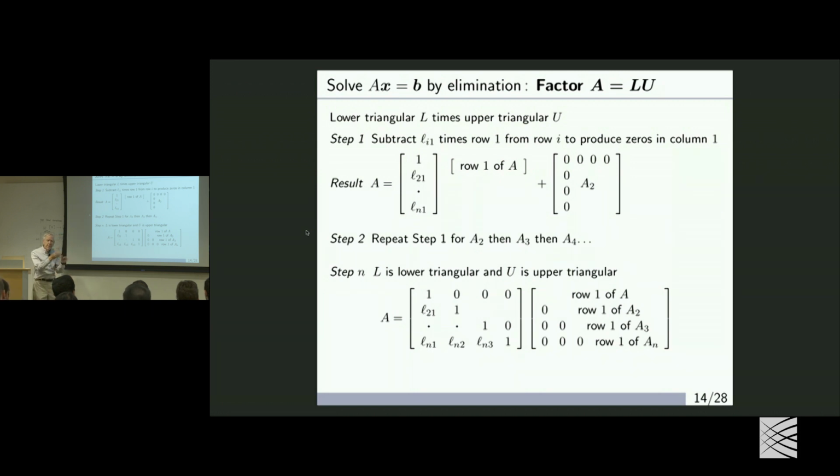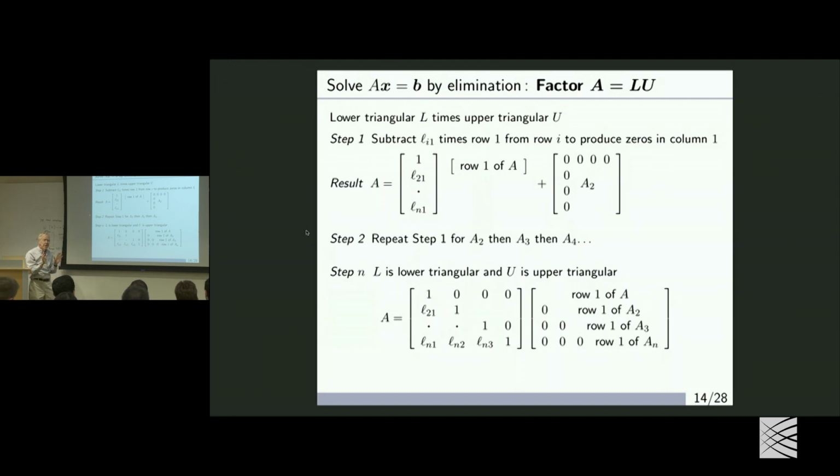So the natural steps of elimination amount to factoring the matrix into L times U. It's the right way to see what you've done. So this middle part shows what you did.